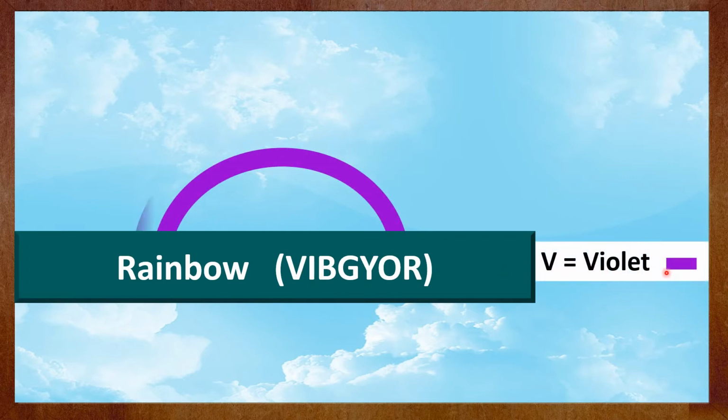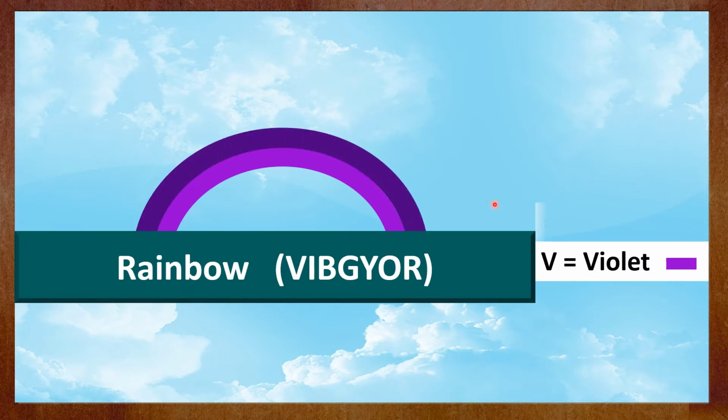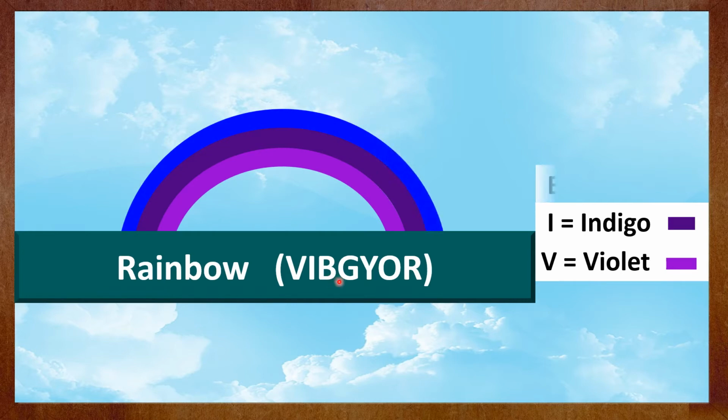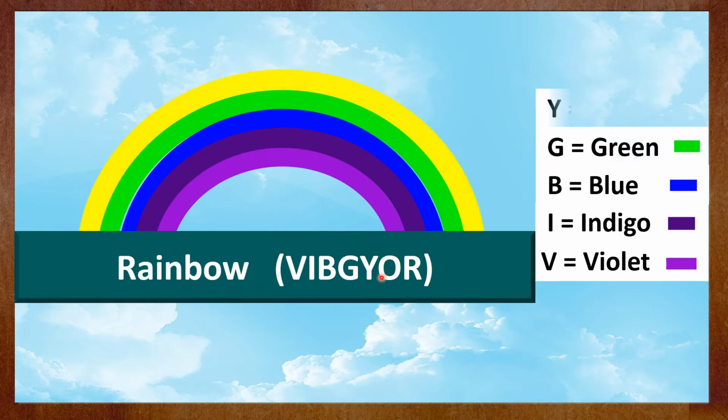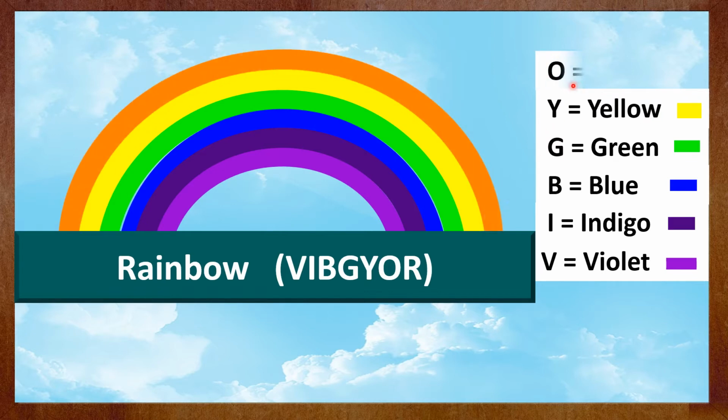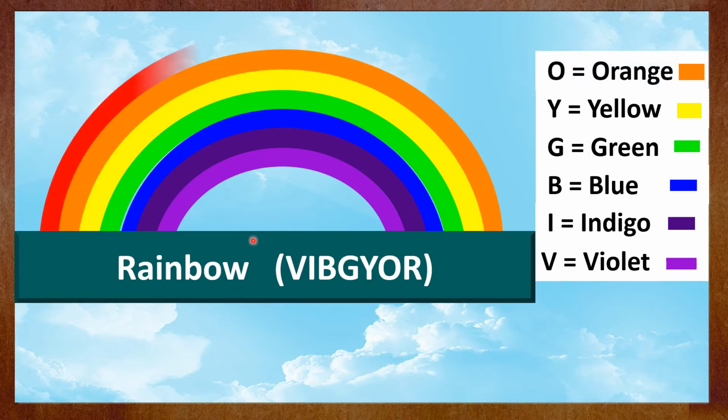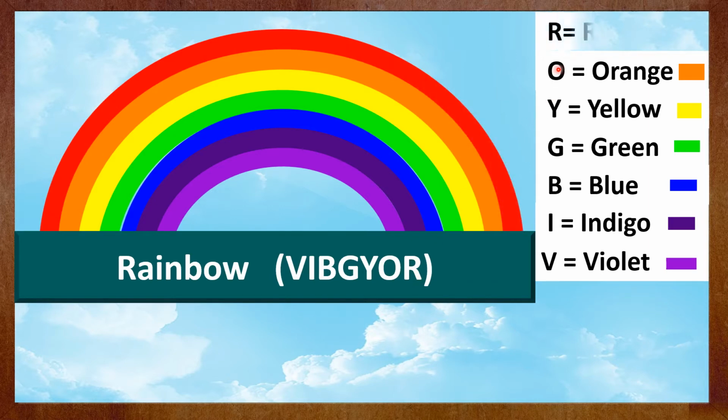Violet, V for violet, I, indigo, B, blue, G for green, Y for yellow, O for orange, and finally red, R for red.